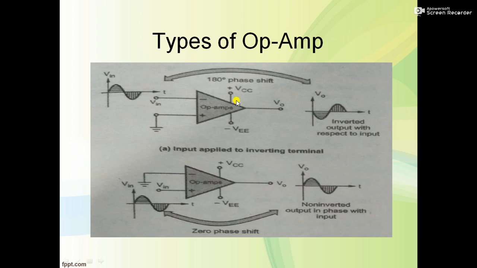So in both cases, there is a phase shift. In an inverting amplifier circuit, there is a 180-degree phase shift because the input is exactly opposite of the output. But in the case of non-inverting, there is zero phase shift because both are the same signals.